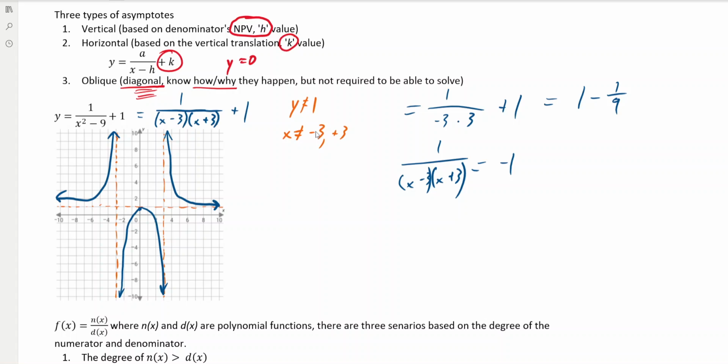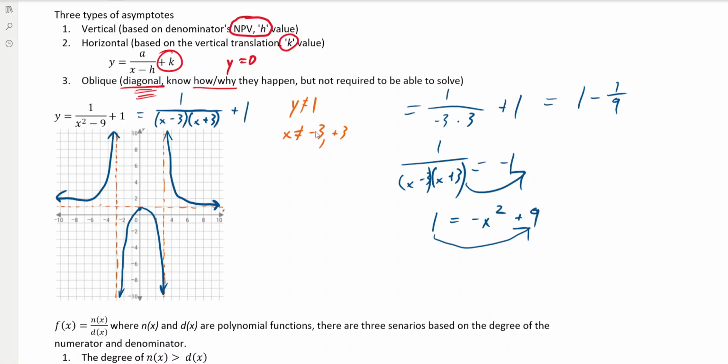That's not too hard. We have 1 equals, and then a negative, so it just flips, negative x squared plus 9. It's flipped kind of strangely, but it still works.